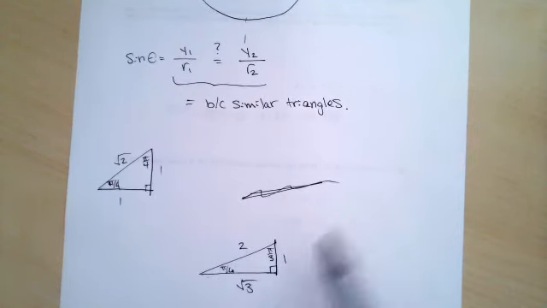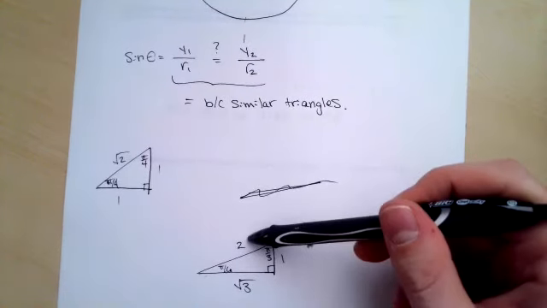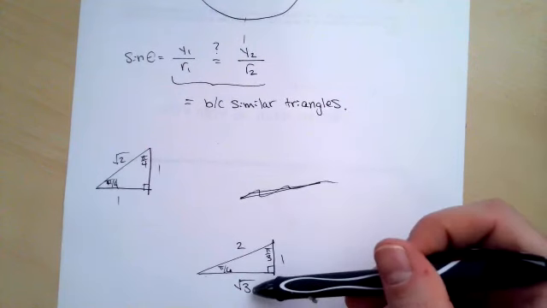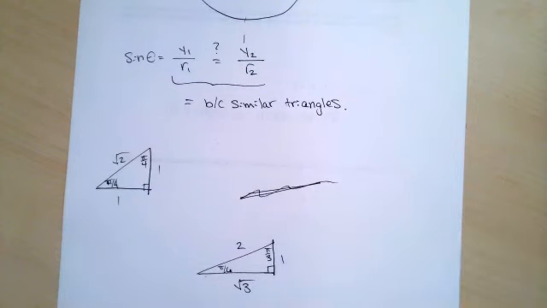For 30, 60, 90, always remember the short side is 1, the long side is 2, the long side is the hypotenuse, and the other side is square root of 3. And that's all you have to remember in terms of triangles.